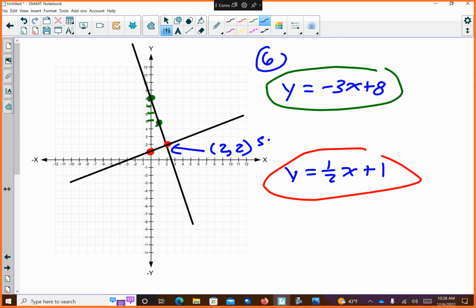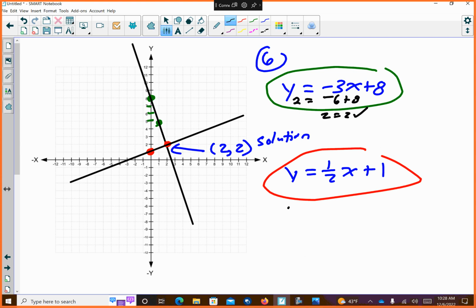That is our solution. Hey, so if you weren't sure if you had the right answer, what could you do with 2, 2 to verify? Yeah, you could plug it back in. If I plug 2 in here, negative 3 times 2 is negative 6 plus 8, so 2 equals 2. It works there.